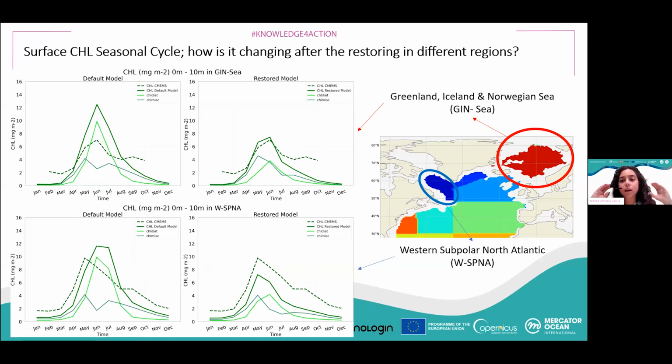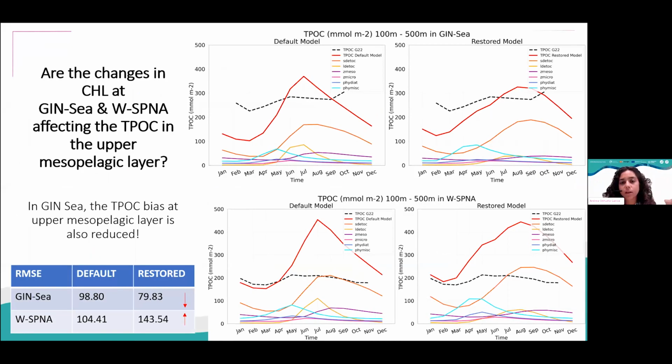To see how the upper mesopelagic layer is behaving after the change at the surface, we have here the seasonal cycle for these two regions, the same as on the last slide. We have at the top the Aegean Sea, and at the bottom the Western Subpolar North Atlantic. As we can see here, in the Aegean Sea the bias is corrected, although we know that there is some bias that we have to fix.